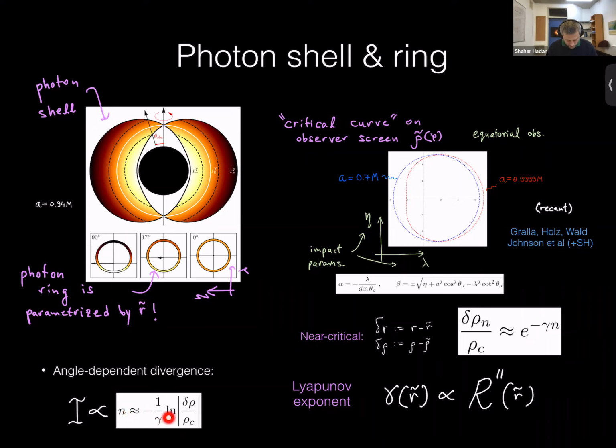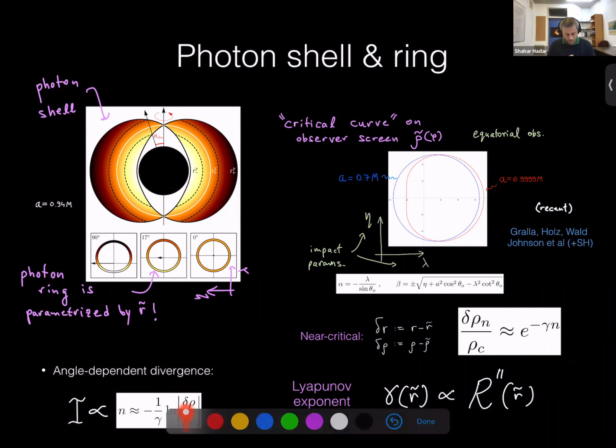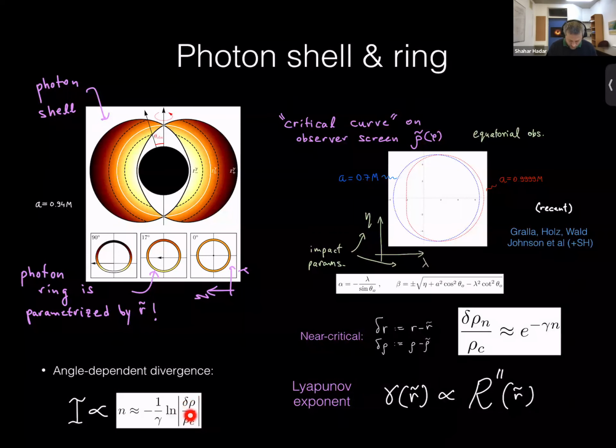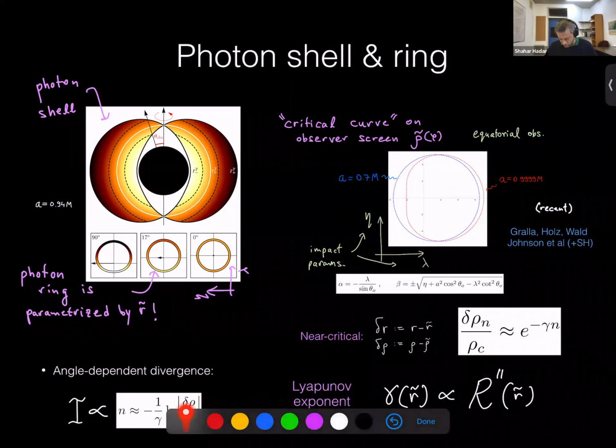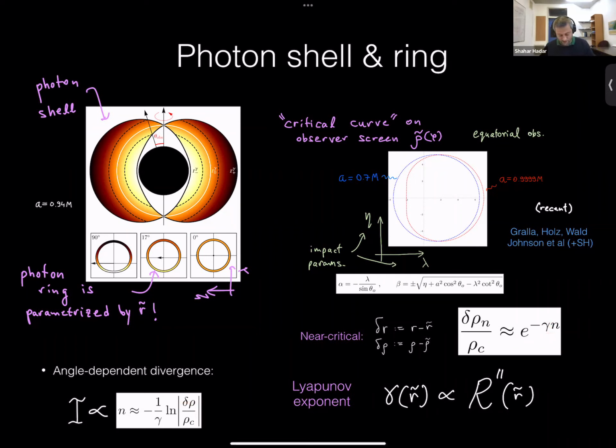That's controlled by this lambda, and it's logarithmic in the separation from the critical curve. Delta rho here is the separation from the critical curve. So turning this around, in order to undergo a number n of half orbits around the black hole, we need to be exponentially close to the critical curve, where this exponent is controlled by the Lyapunov exponent. All right, so that's the intro about the photon shell and photon ring.